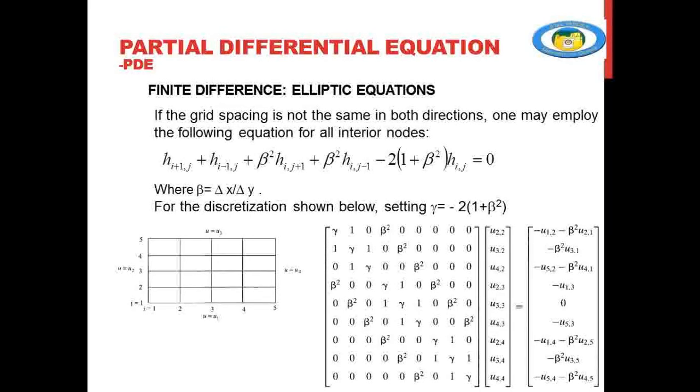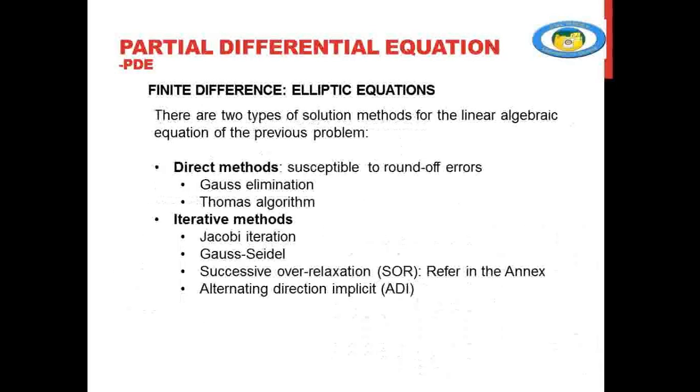Now let's look at how to solve this basic elliptic equation. You have different ways of solving such linear algebraic equations. You may use direct methods like Gauss elimination and the Thomas algorithm. These are very common and easier, but susceptible to round-off errors.